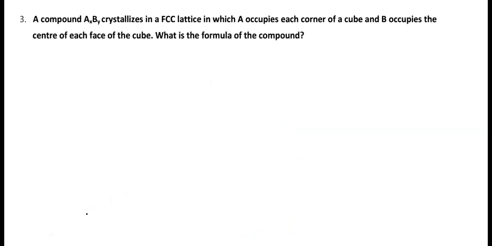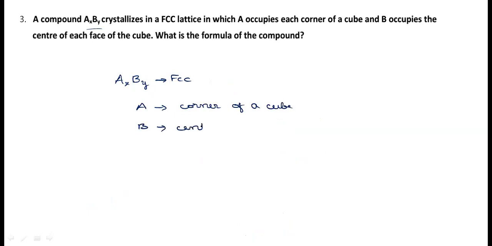I will look into one more problem. A compound AxBy crystallizes in an FCC lattice, in which A occupies each corner of a cube and B occupies the center of each face.